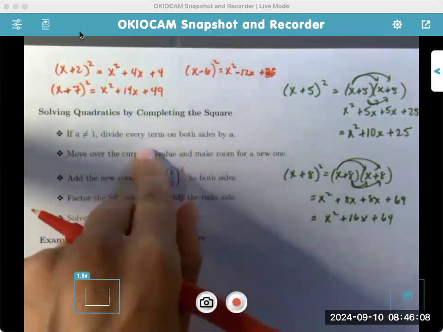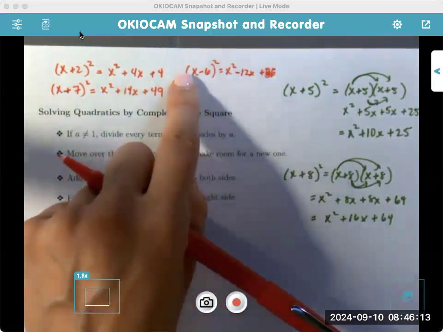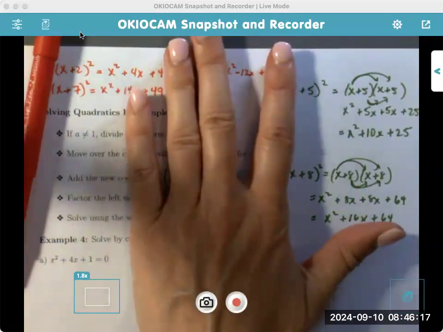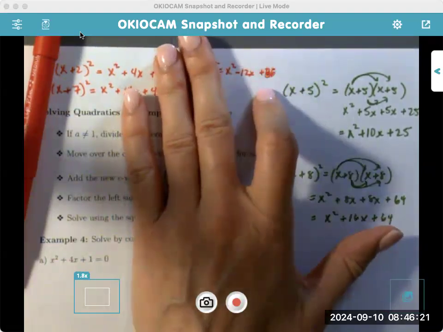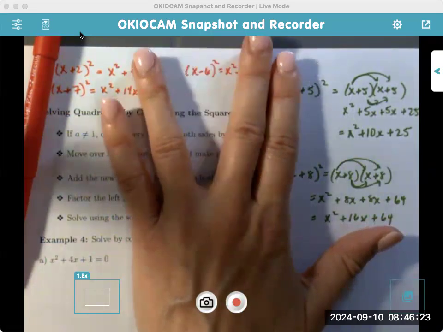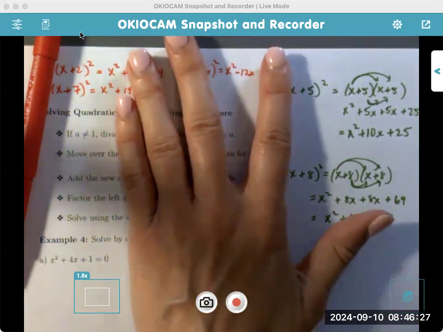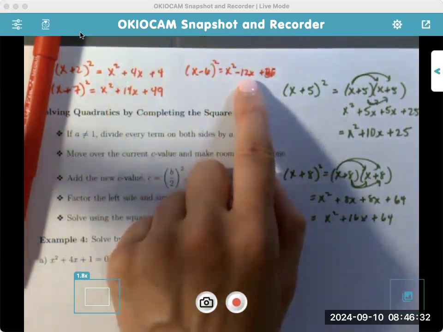So the way I think about it in terms of completing the square, you're just doing it backwards. If I need to find how to get to the binomial, we just have to recognize that the x term is a combine and double, so we just undo that.